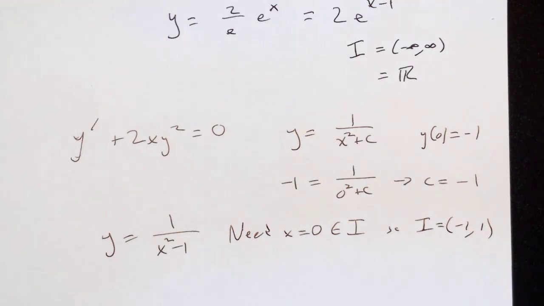And that's the solution to the initial value problem. It doesn't just satisfy the differential equation itself, it also satisfies our initial value and has an interval that contains our initial value.